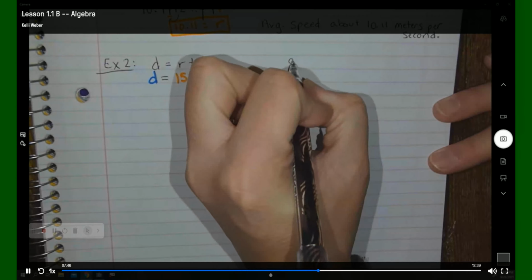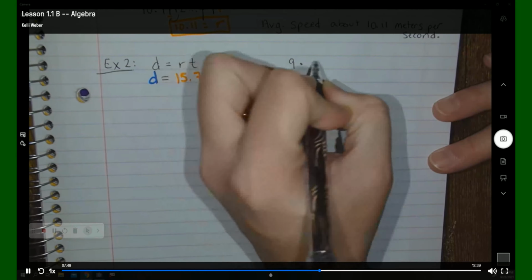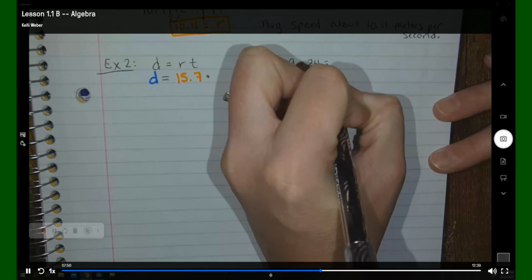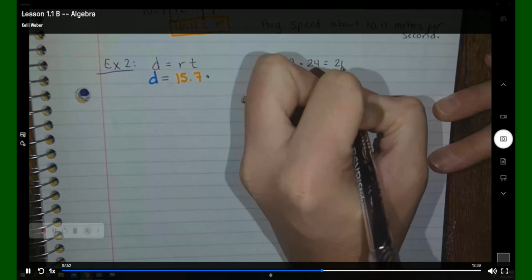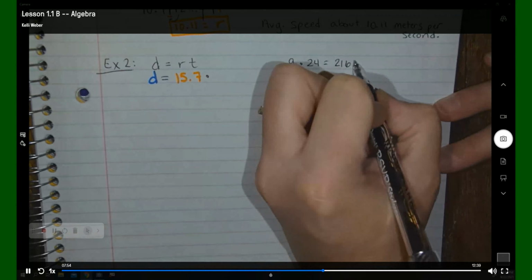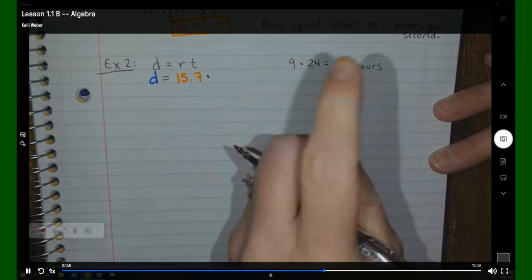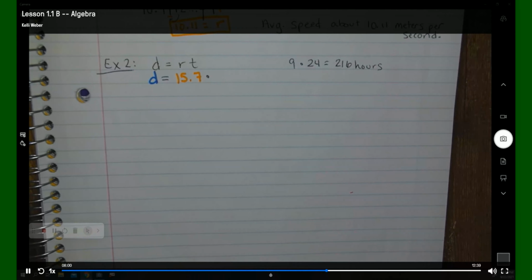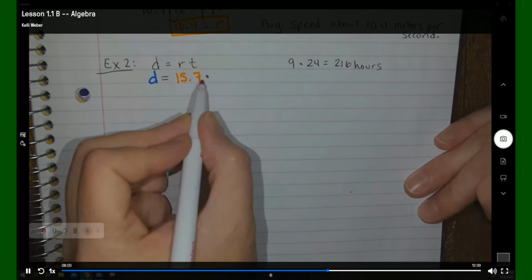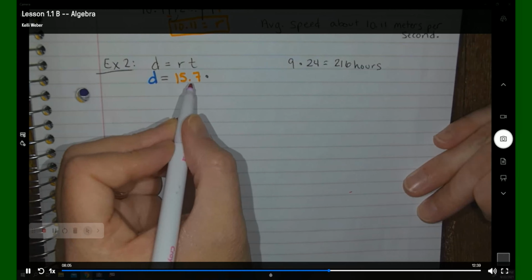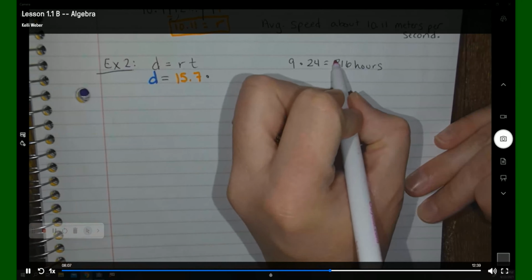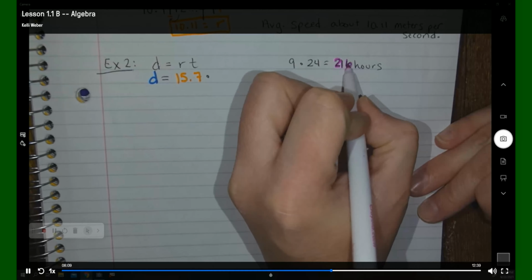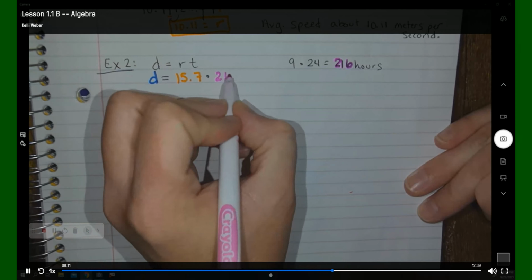So I have 9 days times 24 hours each day, and that's going to give us 216 hours. The 216 is what I need to calculate into my formula here, because my rate is based on hours, not days. So I need to make sure that I'm calculating the hours for this formula.